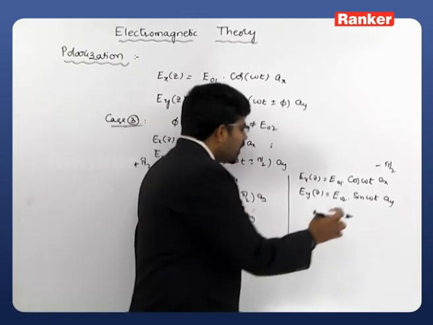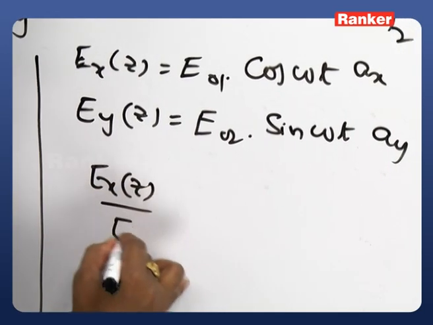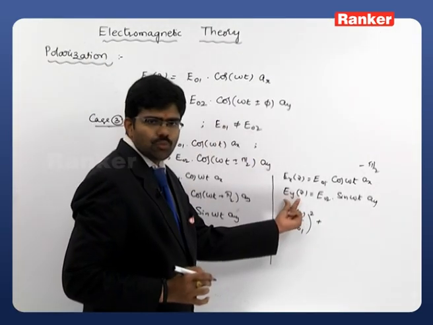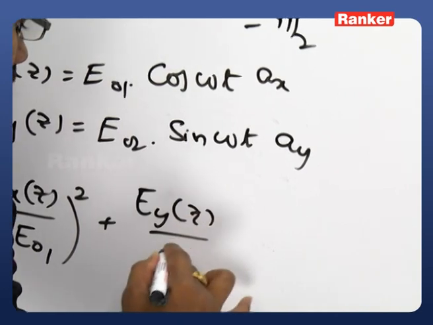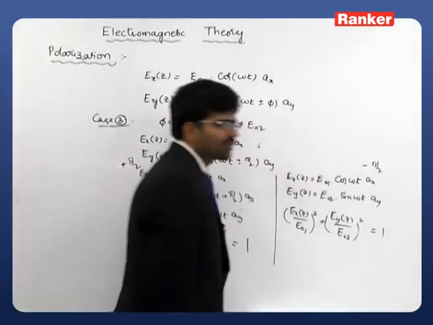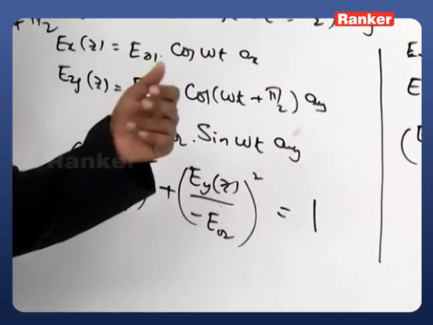Similarly, obtain here cos square omega t, Ex of z by E naught 1 whole square, plus sin square omega t, Ey of z by E naught 2 whole square, which must be equal to 1. Since it is a square term, this negative term also becomes positive.